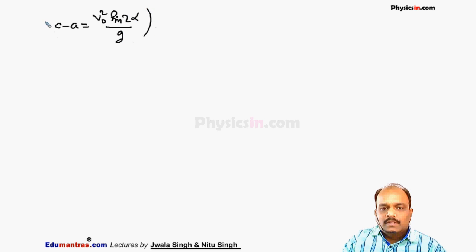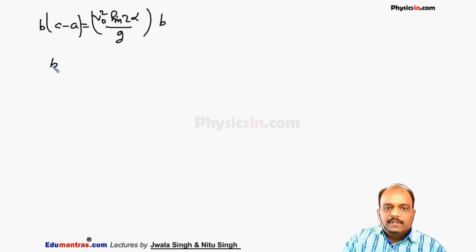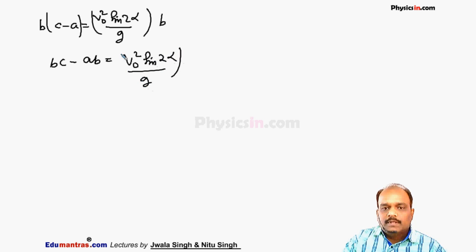If we multiply this by B, we get B into C minus AB is equal to v0 square sin 2 alpha by g into B. In the same way, C plus B is equal to v0 square sin 2 beta by g. Multiply this by A.